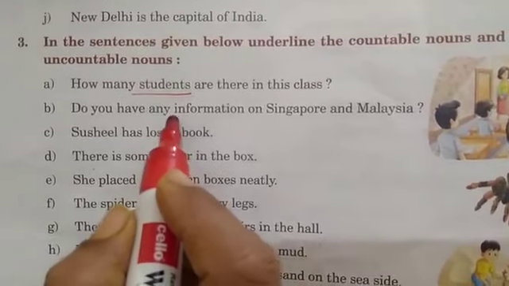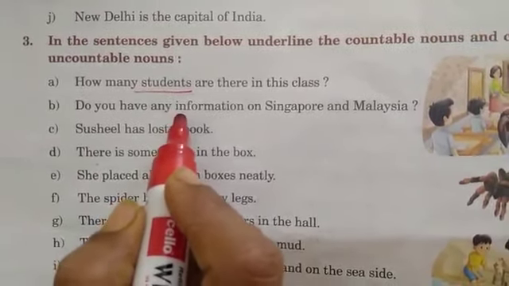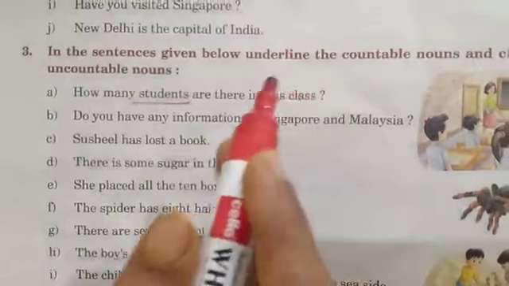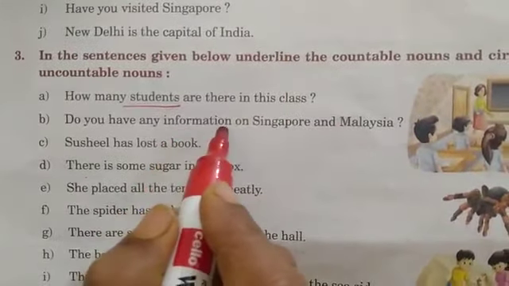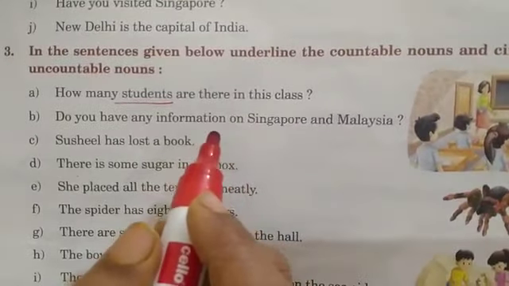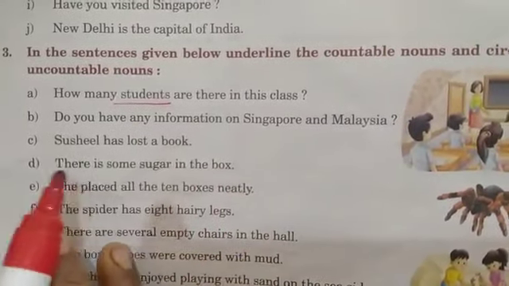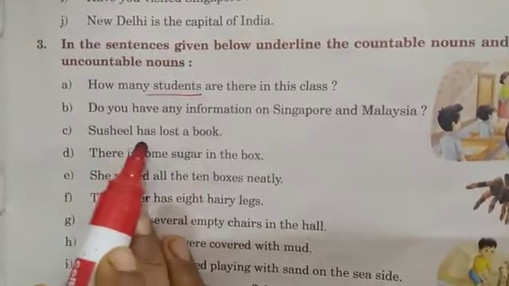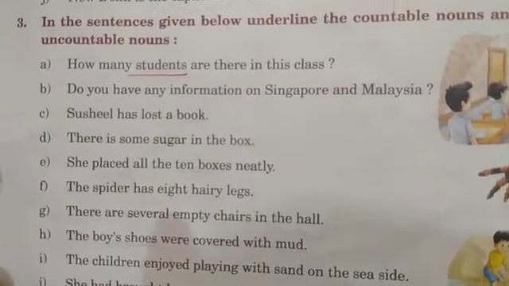And so it will be an uncountable noun. Clear? A form of abstract noun, that is an uncountable noun. C is, Sushil has lost a book. A book. Very clear? It is a countable noun. In the same way, you have to solve from D to J. Clear?